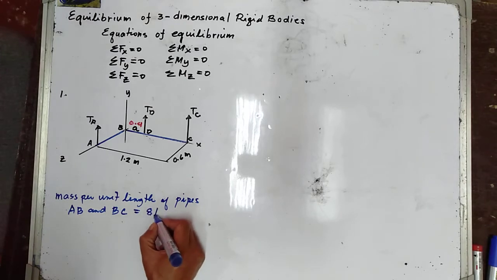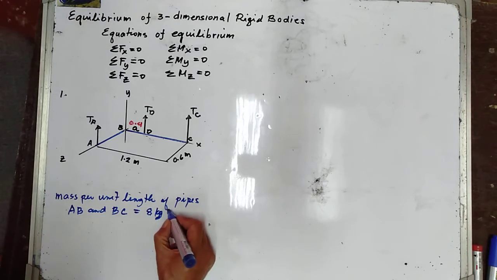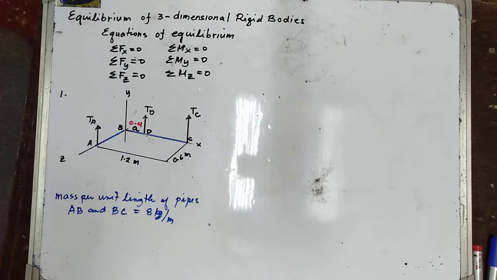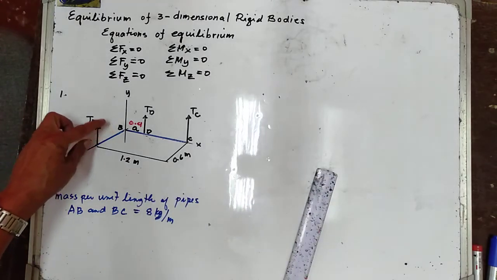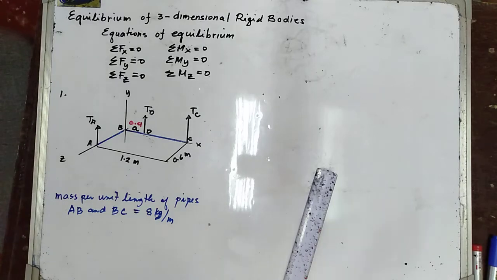So first, let us determine the weight of pipe AB and the weight of pipe BC.